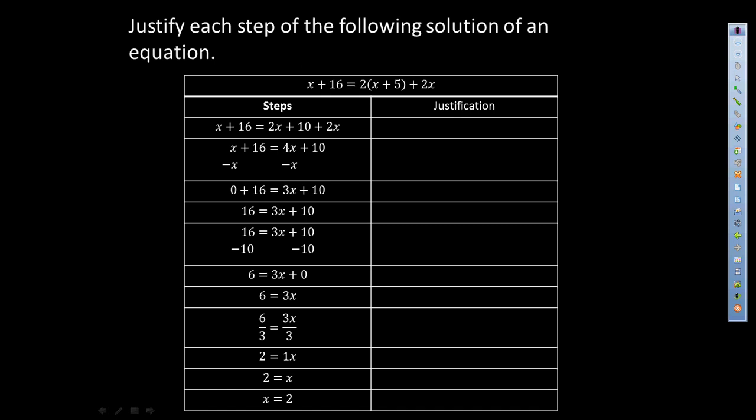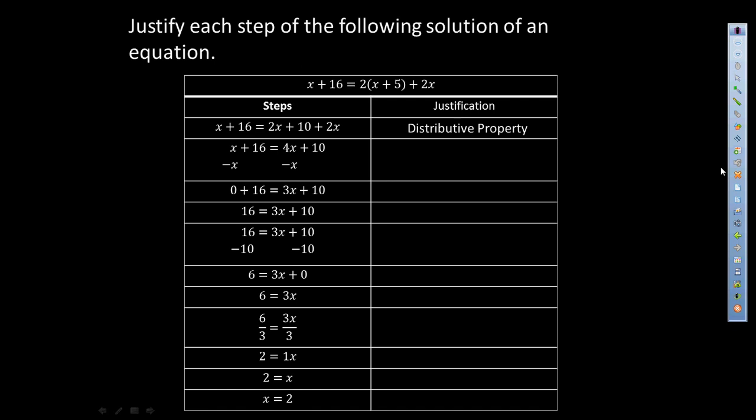Notice the parentheses are no longer there, because what we did was we said two groups of x plus 5 is the same thing as taking the 2 and multiplying it by x to get 2x, and the 2 multiplied by 5 to make 10. So multiplying the 2 through the parentheses is the distributive property, so we use the distributive property to get to that step.